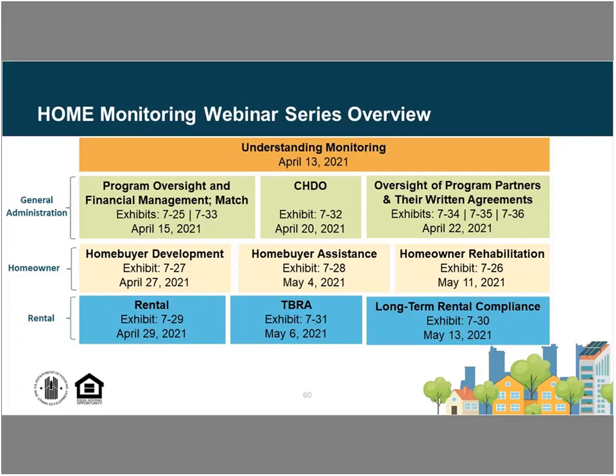And then next week, as Monty mentioned, we're going to be essentially running 2 separate tracks for the next 3 weeks: a homeowner track and a rental track. So Tuesdays on homeowner-related topics, and Thursdays being our rental track. So a lot of sessions, but covering a lot of important information for folks.